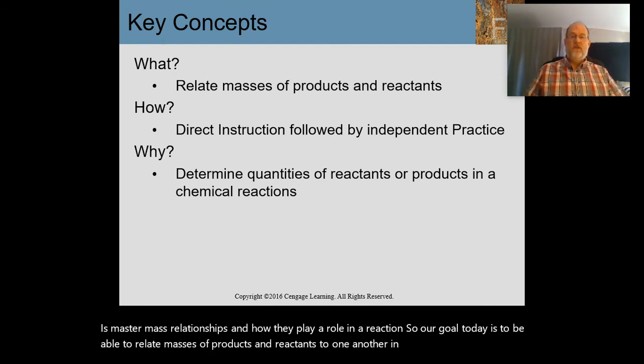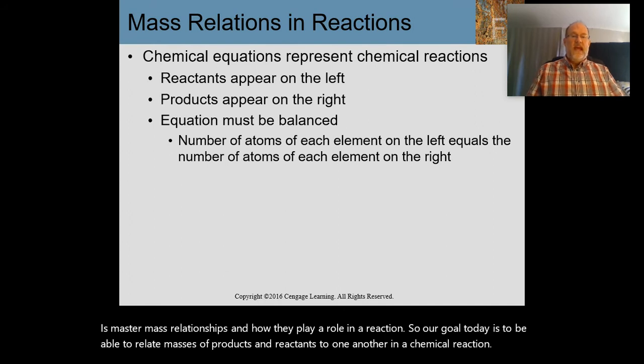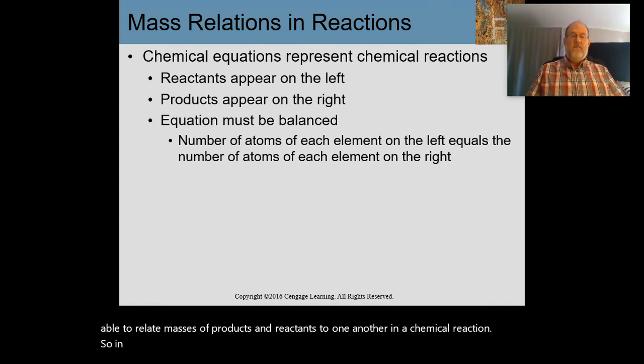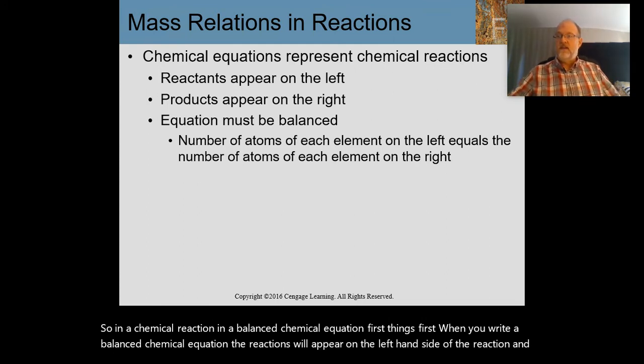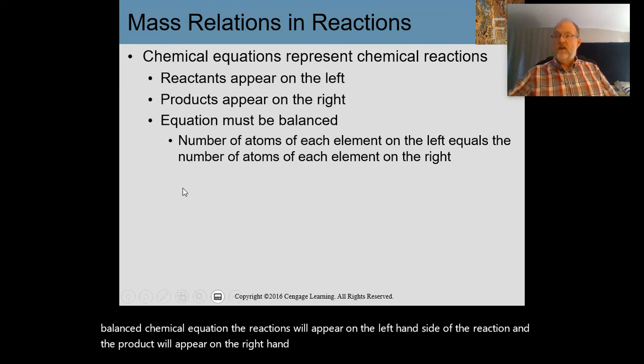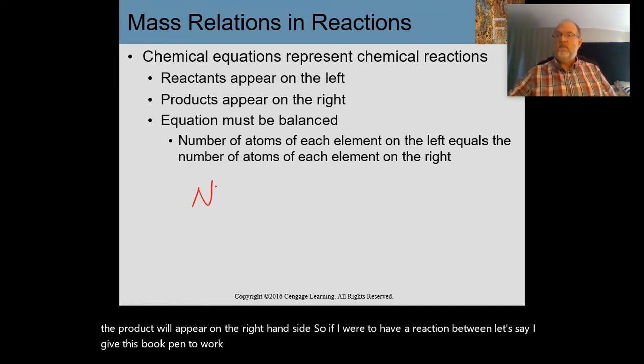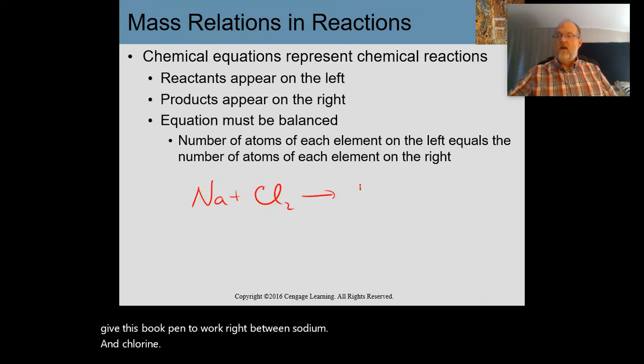chemical reaction. So in a balanced chemical equation, first things first, the reactants will appear on the left-hand side of the reaction and the products will appear on the right-hand side. So if I were to have a reaction between sodium and chlorine, I would make sodium chloride.